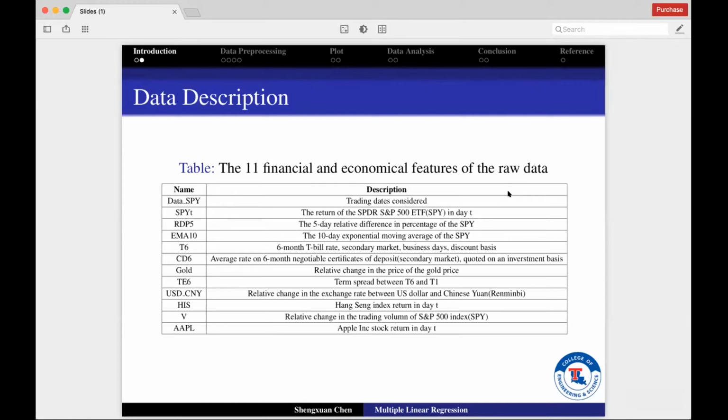The first is my Y, and the 11 financial and economic features are my X. Delta SPY is the value of the S&P 500 on day T plus 1, and those 11 parameters are the values on day T. This project will use those values of the 11 parameters to forecast the value of the S&P 500.